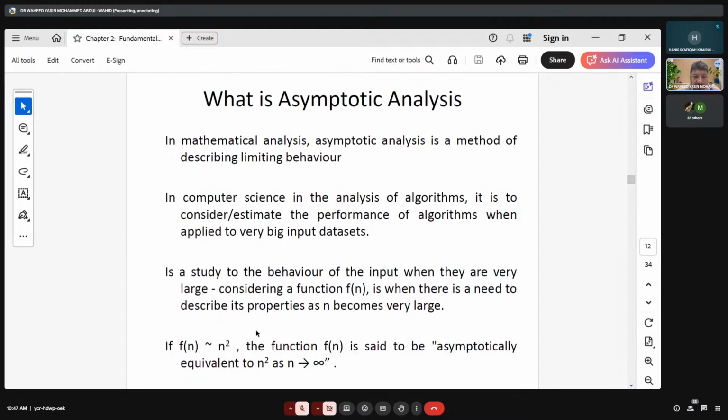If f(n) equals n power 2, the function f(n) is said to be asymptotically equivalent to n power 2 as n goes to infinity.